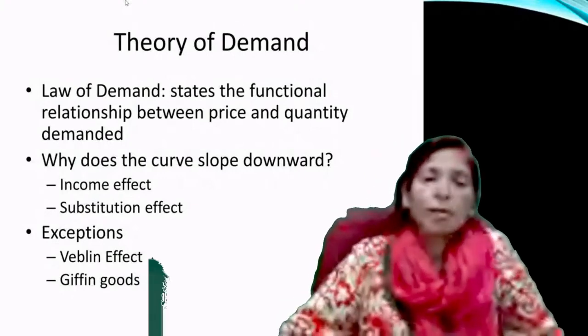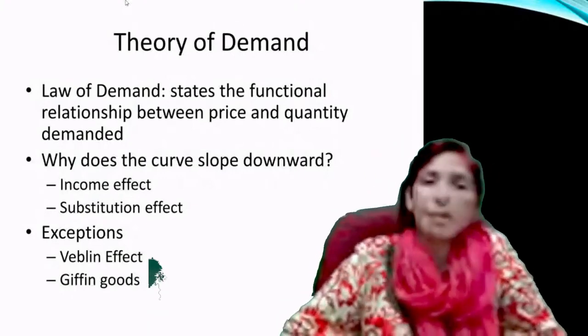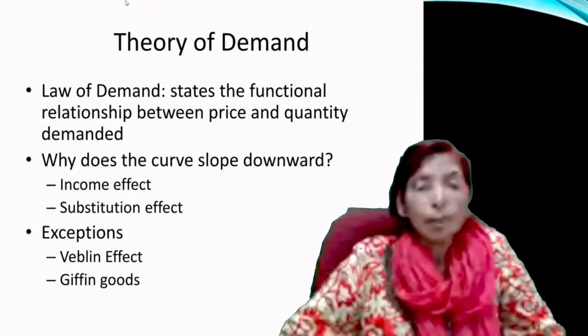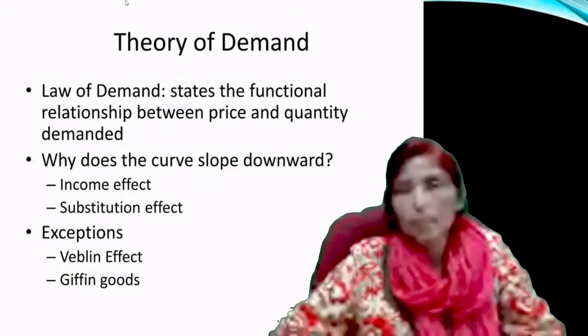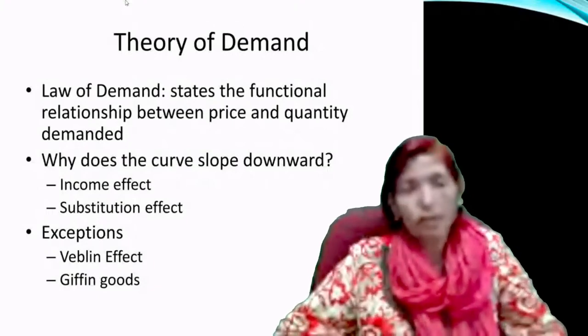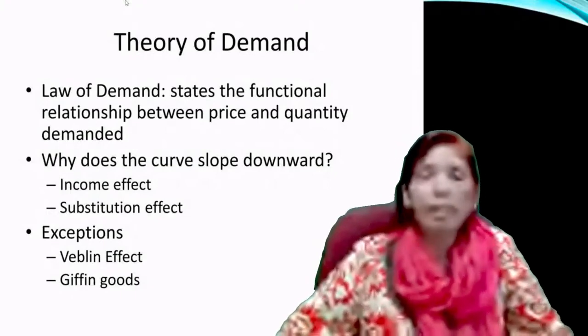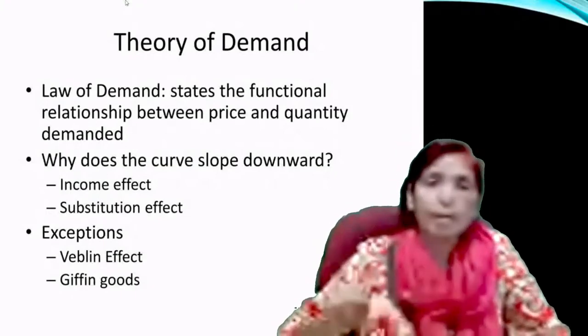And we will study exceptional cases of why the demand curve slopes upward. Generally, it slopes downward according to the law of demand. But sometimes its slope may be upward.